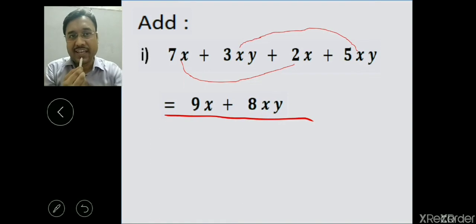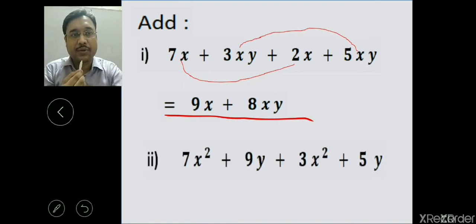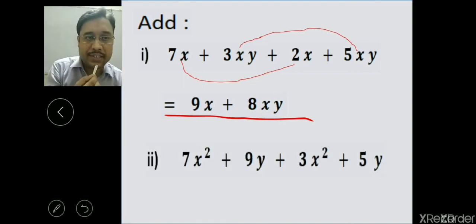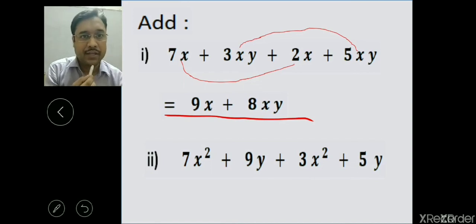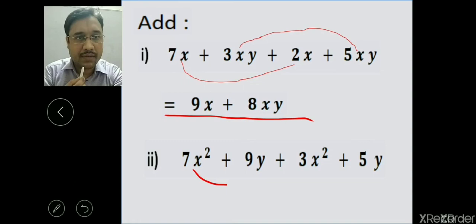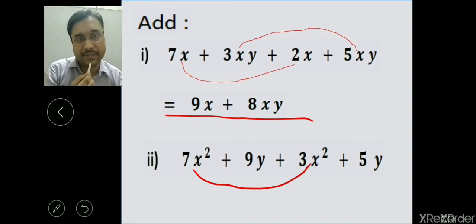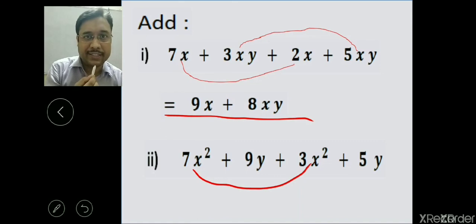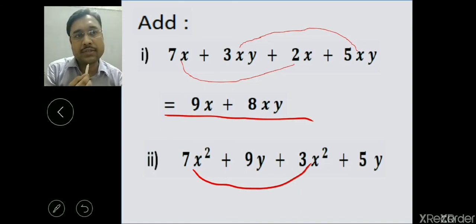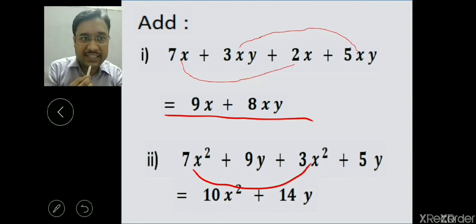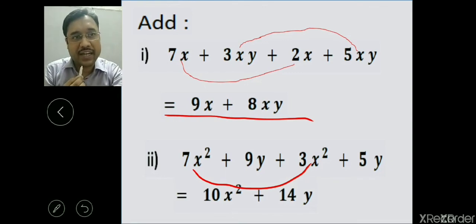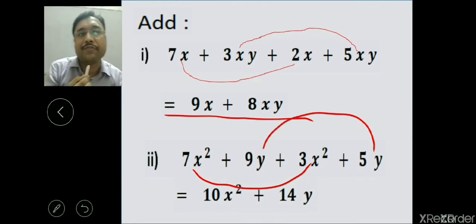Now next you add this: 7x square plus 9y plus 3x square plus 5y. So here these are the like terms, 7x square and 3x square. They have the same literal factors, x square and x square. So 7x square plus 3x square is 10x square first, and then you will add this 9y and 5y also.